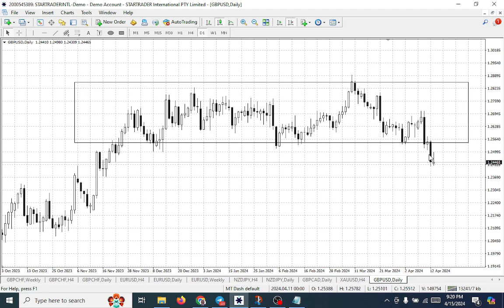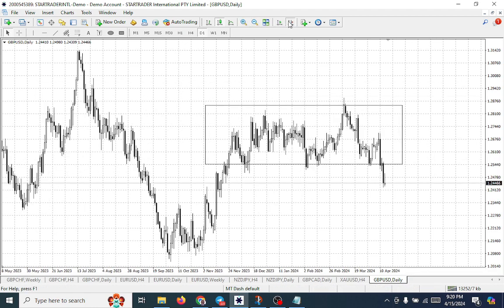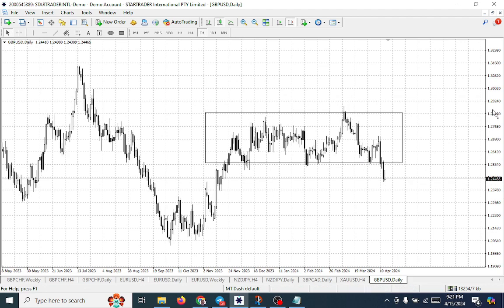Okay, so as if this market is looking towards selling. But we're going to continue this analysis to be sure of what we're really doing. So this market is ranging, and there's a possibility of this market continuing with this breakdown.